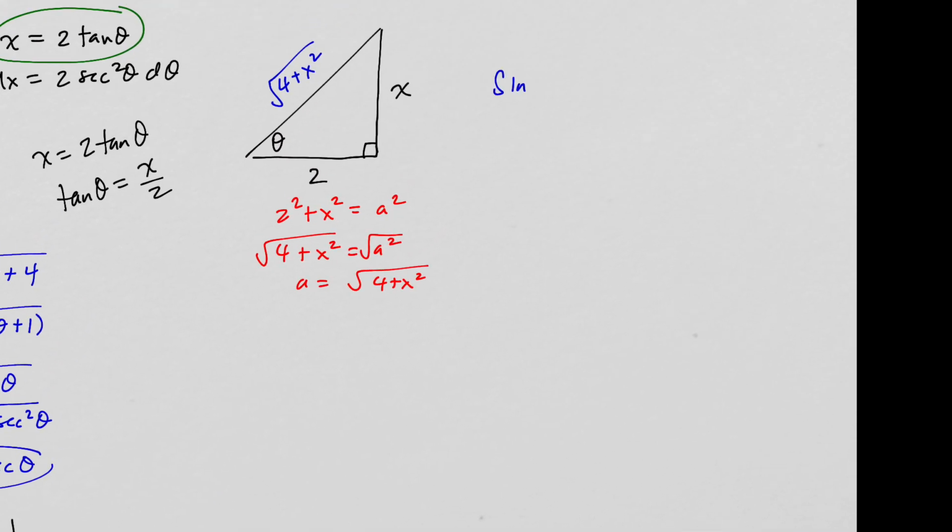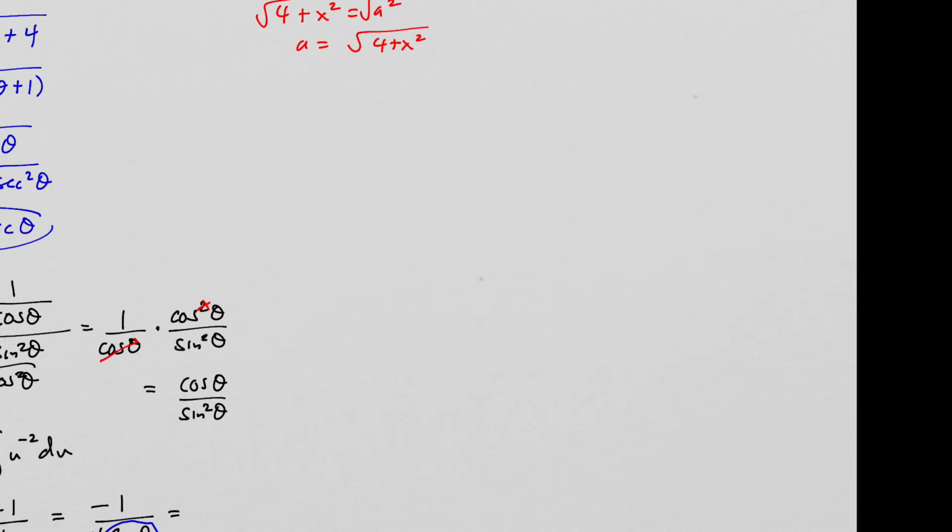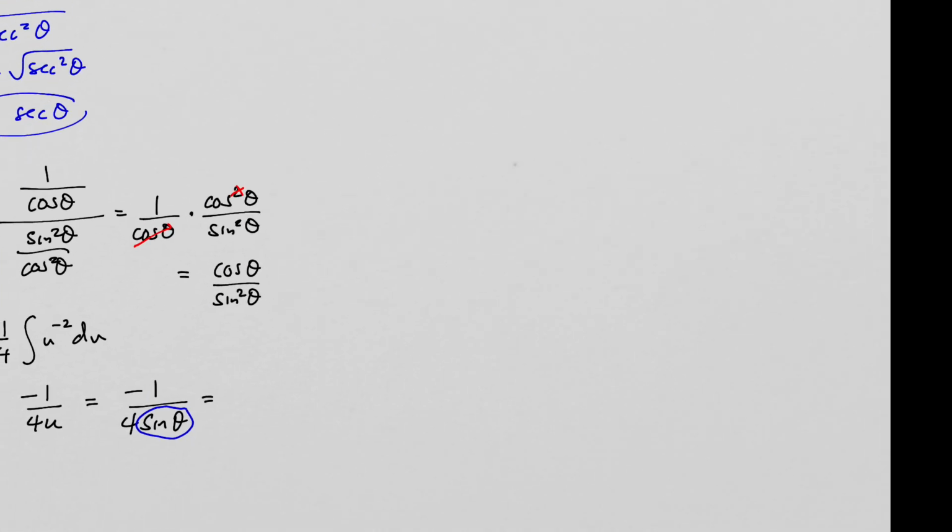In this picture, sine of theta is opposite over hypotenuse, and that is x over the square root of 4 plus x squared. Or you can think of that as x over the square root of x squared plus 4. So I'm going to take this expression now down here and plug it in.